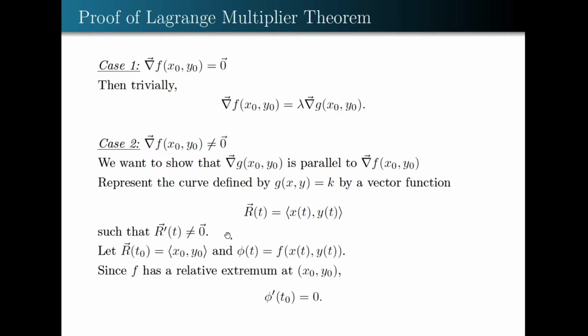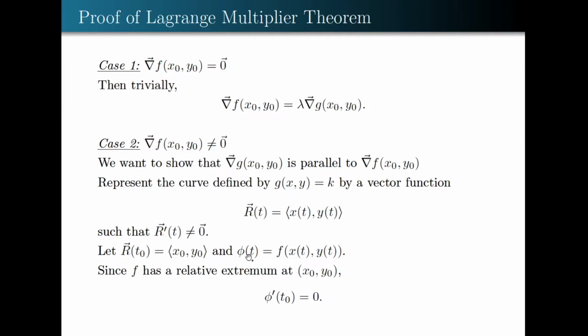Or the derivative of phi at t naught is equal to 0, since t naught is the parameter t that generates the point x naught, y naught. Again, phi prime of t naught is 0 because x naught, y naught is a critical point, and t naught is the parameter that generated the point x naught, y naught.